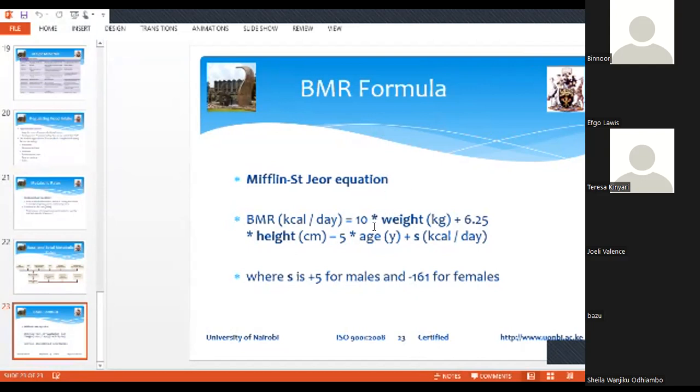The height in centimeters, you multiply by 6.25, and the age you multiply by 5. For the sex, if the person is male, you're going to add 5. So it will be plus 5. If the person is female, it will be minus 161. And that is really the difference.